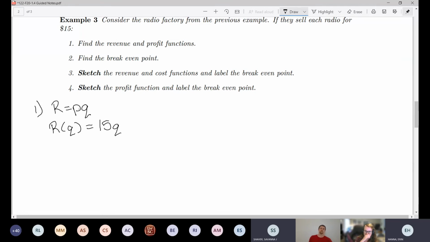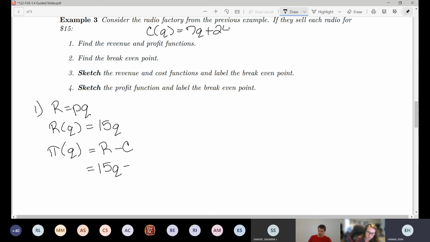Now we want to find the profit function. So the profit function is going to be our revenue minus our cost. So our revenue function we just found was 15Q. And if we go back to the previous example, our cost function was 7Q plus 24,000. You need to be very careful when doing profit. Always put the cost function in parentheses because most of the time you're going to need to distribute this negative.